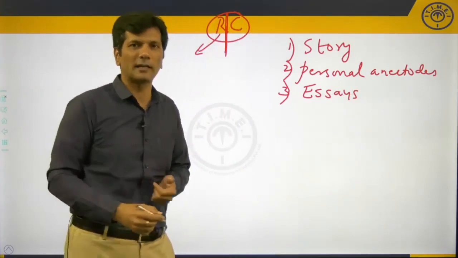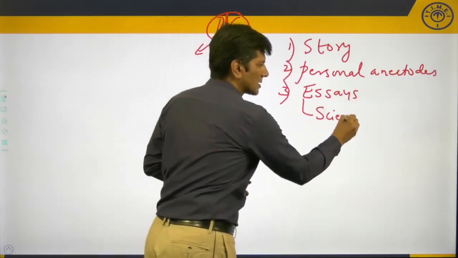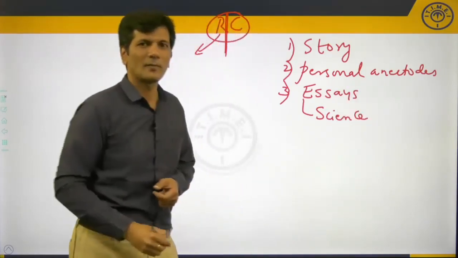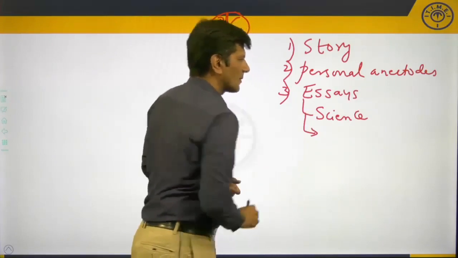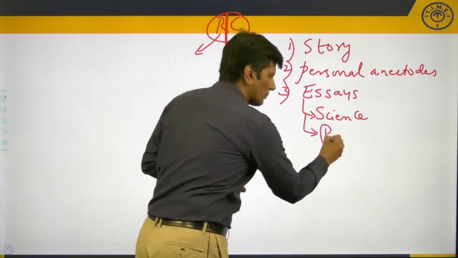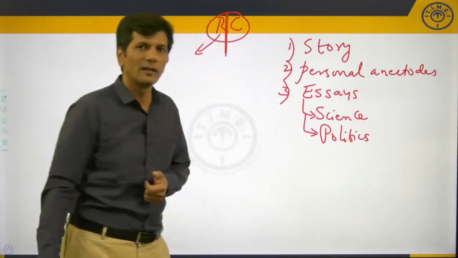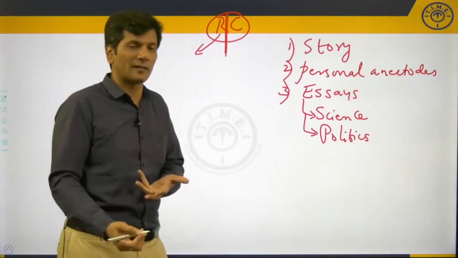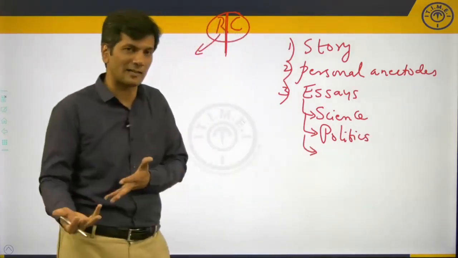And then you could be looking at essays taken from different walks of life or different fields of study. Let's say, for example, you could be looking at a science-based essay. Another one could be on politics. It could be social sciences, not just politics, probably a geography-based essay.